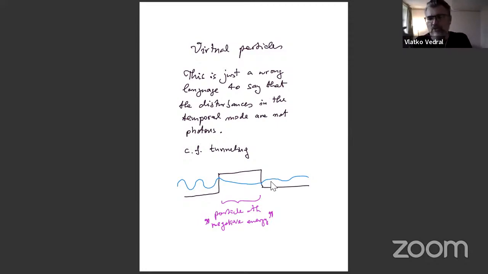And then people say, but don't worry, it's okay that it's borrowed this energy because it still does it within the time that doesn't violate uncertainty. All sorts of nonsense statements are actually written about all of this, and it's simply not how this goes. That's not the story here, which is that you never need to talk about particles of negative energy. What you're describing really is the perturbation series where you are using these negative norms and negative energies, but that's not really what's going on there.